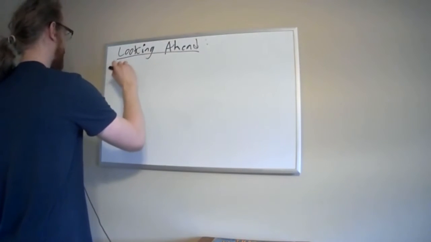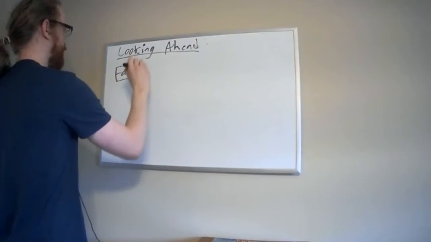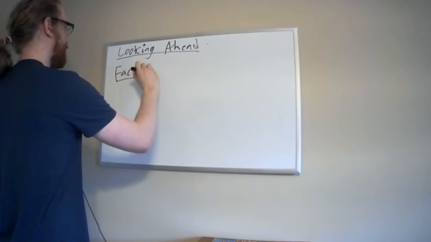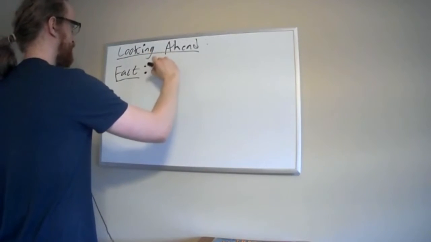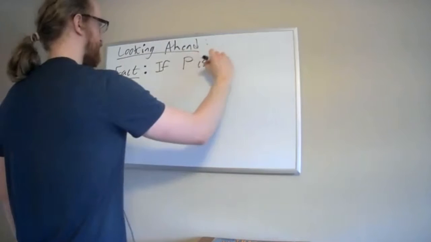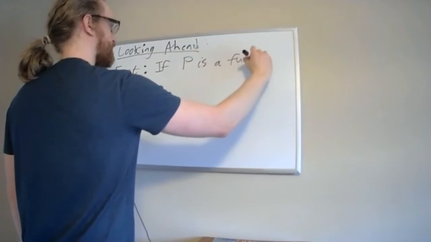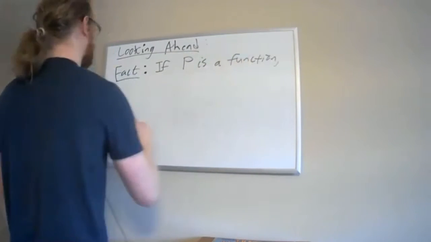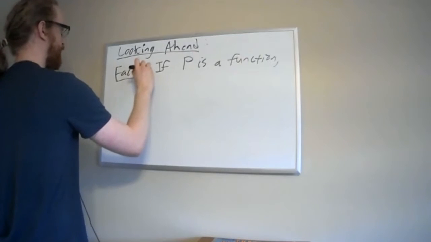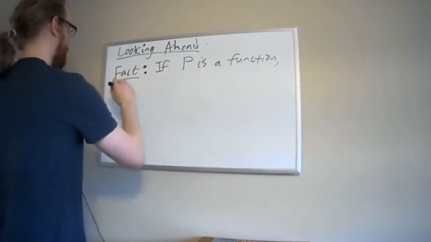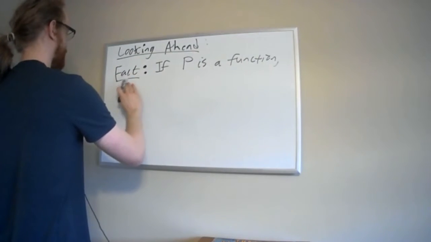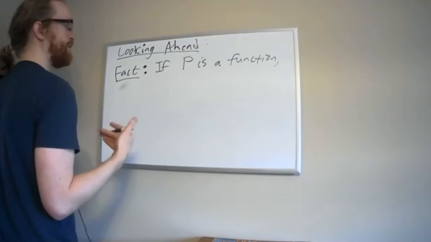It turns out that there is a fact that's going to be very helpful for us, which is that if P is a function, then if I give you a system of inequalities, so I'll just write it this way.